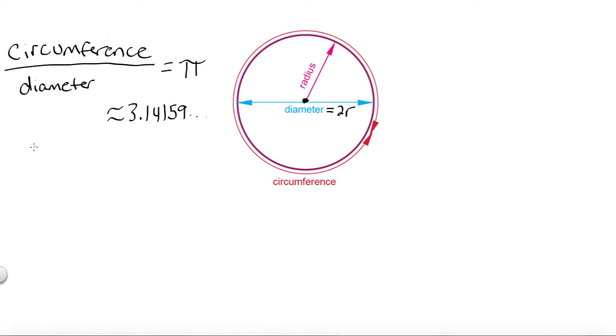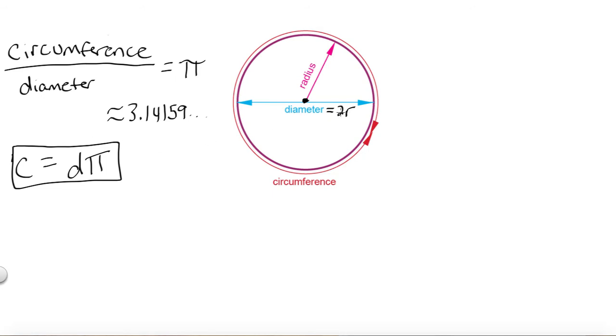So if I want to find the circumference of a circle, I know that I can multiply the diameter by both sides, which means the circumference will be equal to the diameter d times pi, or pi times the diameter. That also can be rewritten.